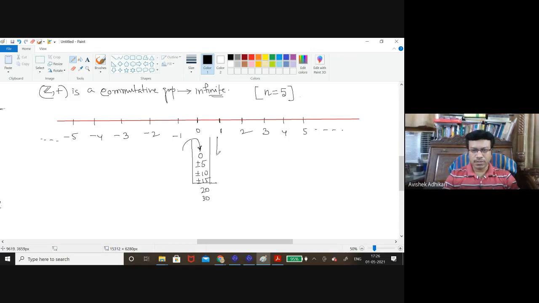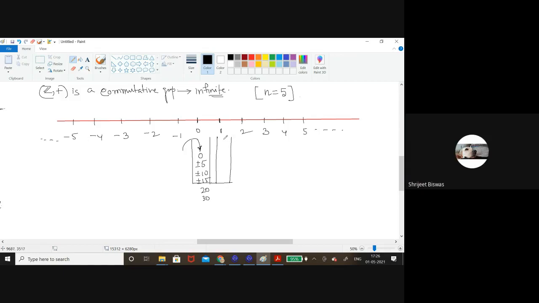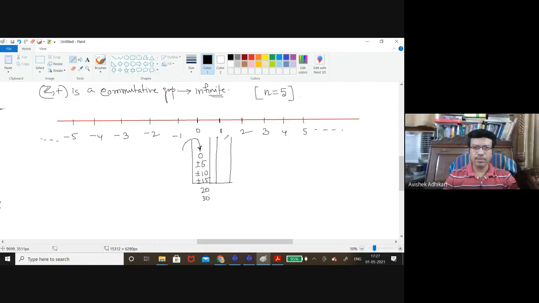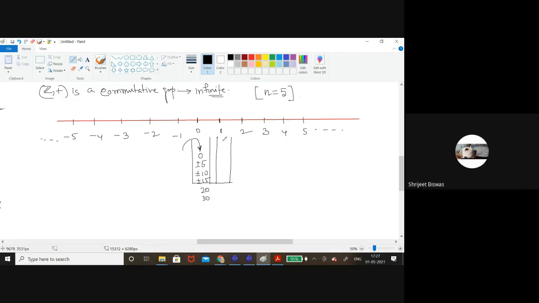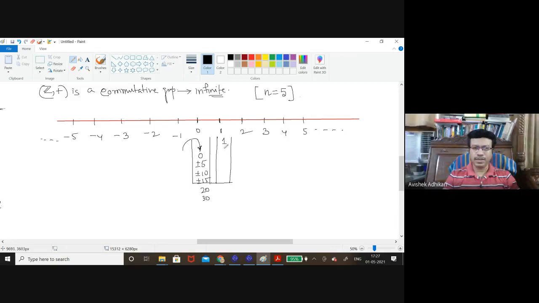Now, if I ask you, what will this bucket contain, give me some example integers that should be within this bucket. Quickly, some integers within this bucket. Within this bucket means remainder will be 1. Yes. So 1, plus minus 6, 11.